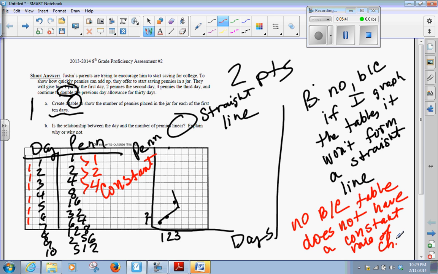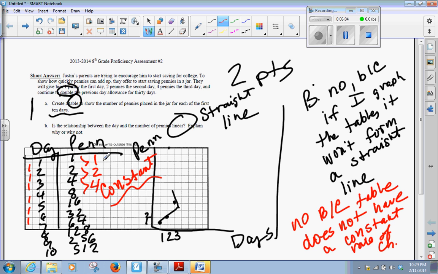Now, what a bunch of people said, I noticed when I was grading these, is that because you're multiplying by 2 every time as you go up, that that's a constant rate of change. Remember that for rate of change, you're not multiplying by the same number. In order for it to be a constant rate of change, you need to be adding the same number every time. So from 1 to 2, that's going up by 1.